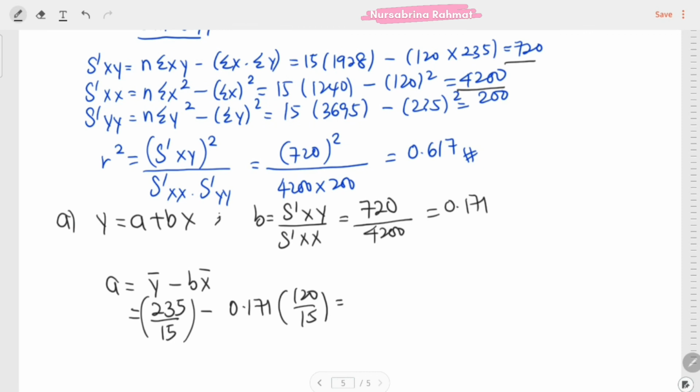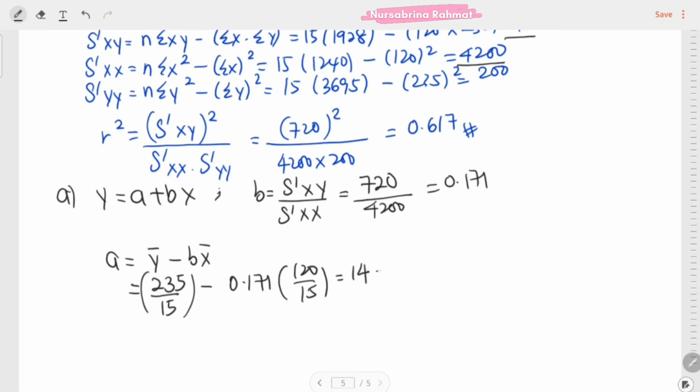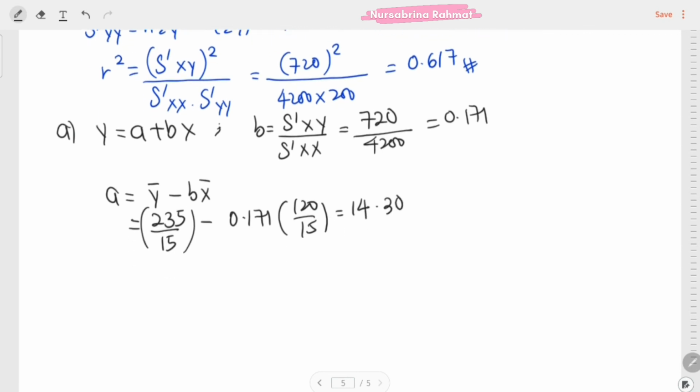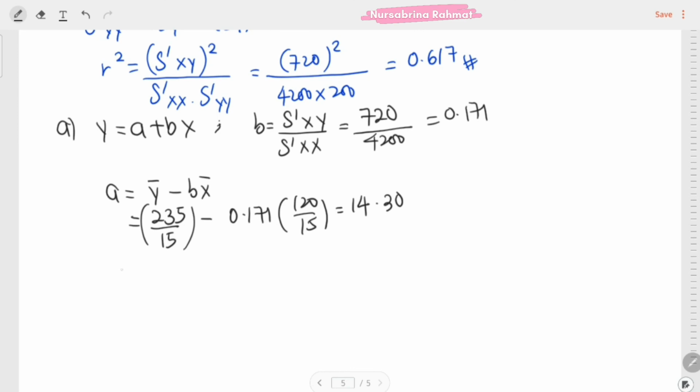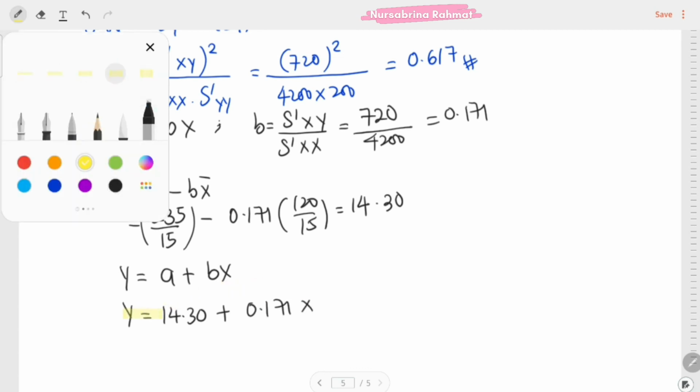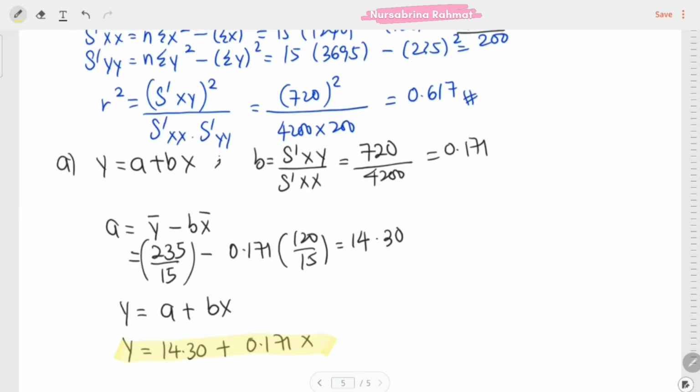So I got my a to be 14.30. Then we can rewrite the equation y equals a plus bx, substituting a as 14.30 plus b, 0.171, times x. That is the least squares regression line of y on x for this question.